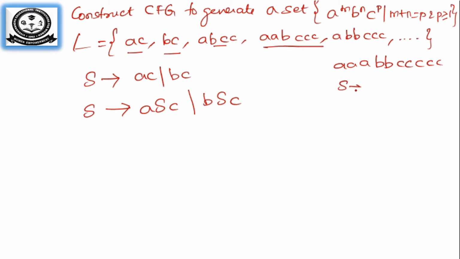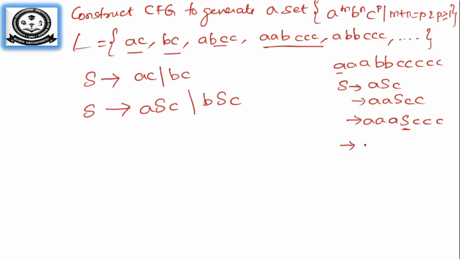Now if that is the case, first thing is we have A, so you will take ASC. Now again I will take ASC, and you have a third A also, so you will take AAASCCC. Again I'm substituting the same thing. Now instead of S, I can substitute BC.